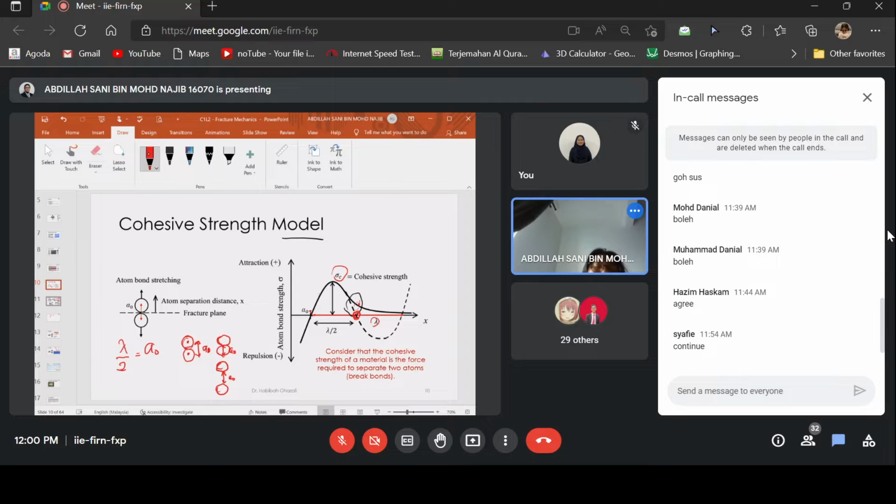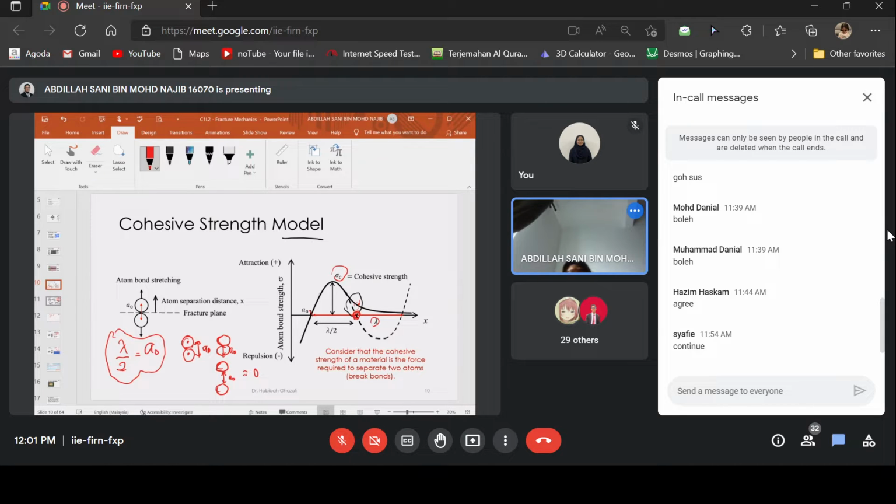It is reasonable. When you are near, you have this attraction, this force. When you are a bit far, you have no or almost no influence. And how far? The assumption is around lambda over 2, around one atomic distance.